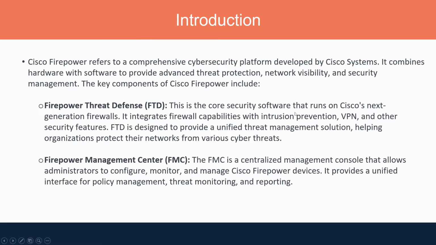This is the core security software which runs on the Cisco next generation firewall. It has firewall capabilities with an intrusion prevention system. On this device, you can configure VPN and other security features like URL filtering.